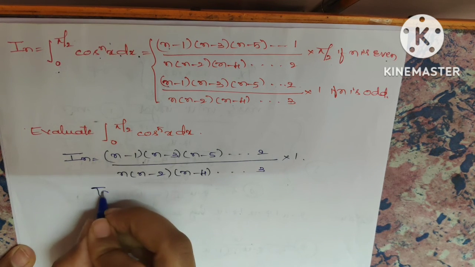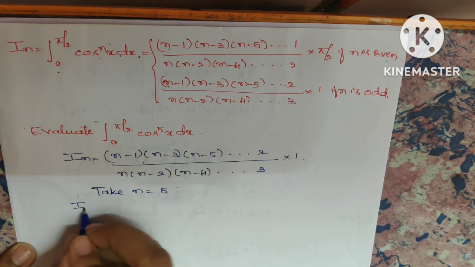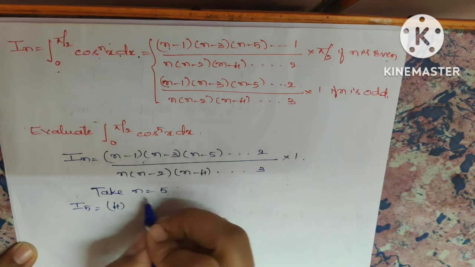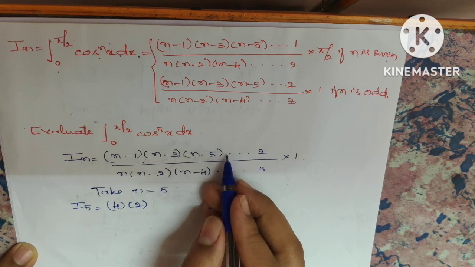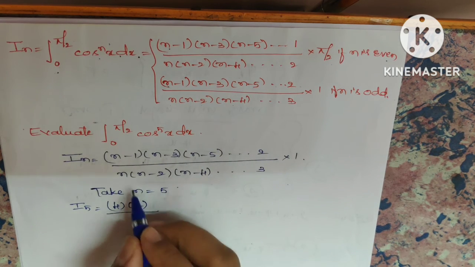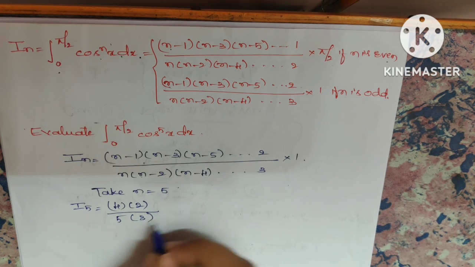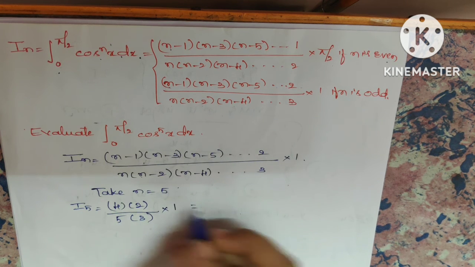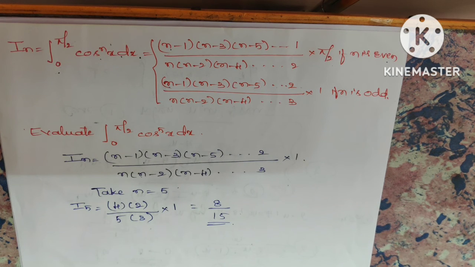Here take n equals 5. Then I₅ equals (5−1)=4 times (5−3)=2 times (5−5)=0. We'll stop here. Divided by 5 times (5−2)=3, and since n is odd, we multiply by 1. So this equals (4×2)/15 = 8/15.